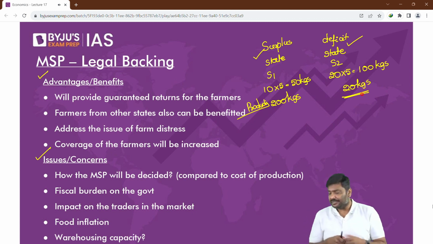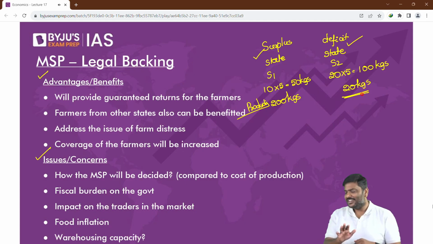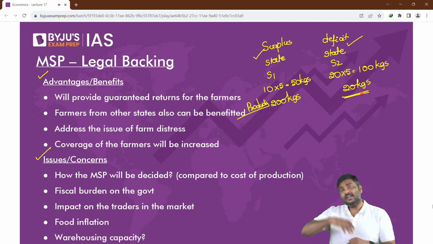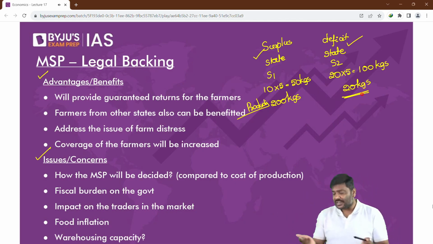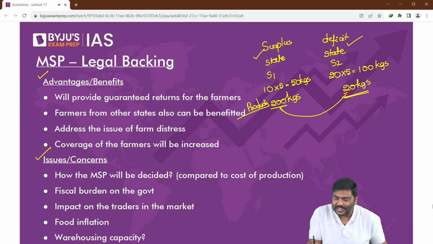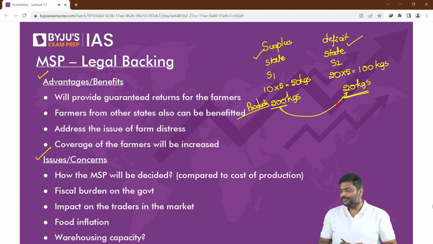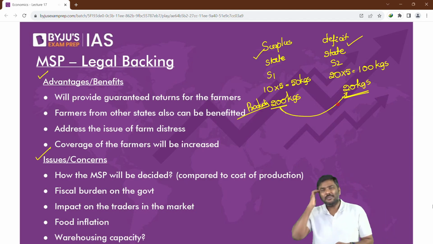Now please look at the numbers and tell me, can I call state 1 a surplus state? Don't look at me, look at the numbers. Can I say state 1 is a surplus state, and state 2 a deficit state? And don't you think government will be more focused on purchasing more crops from the surplus state and moving them to state 2?